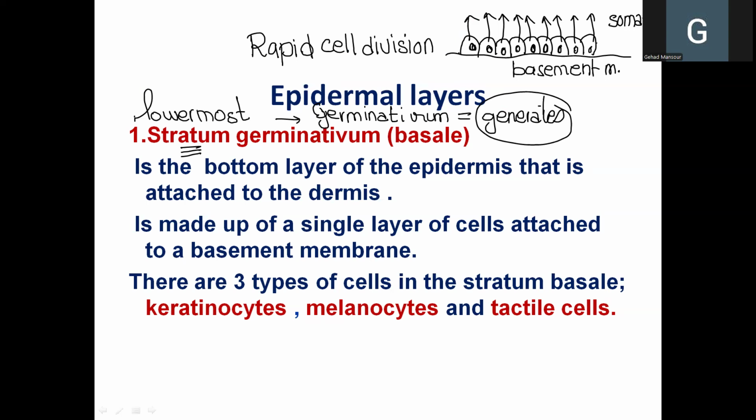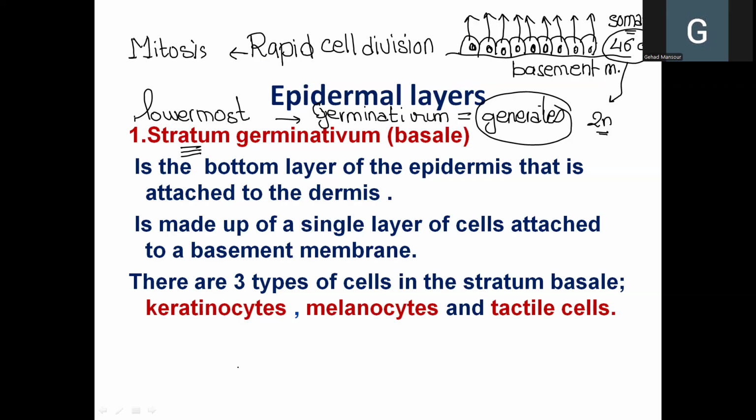And since they are somatic cells, each cell should have 46 chromosomes in its nucleus, the full diploid number, or 2n number, of chromosomes. So it is a somatic cell, and therefore, when somatic cells divide, they divide by mitosis.